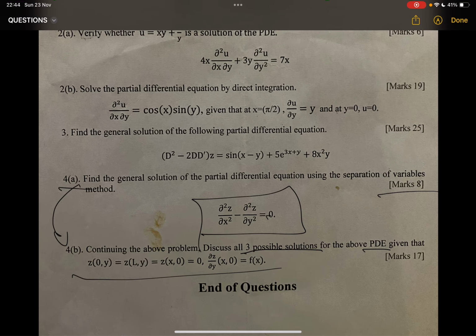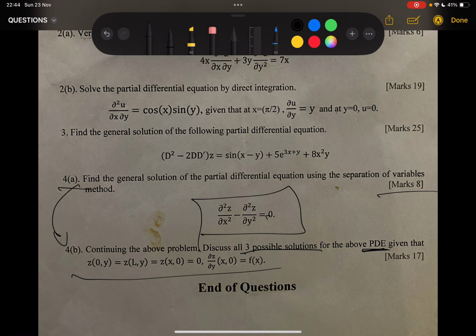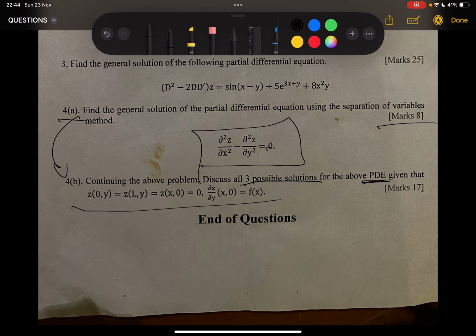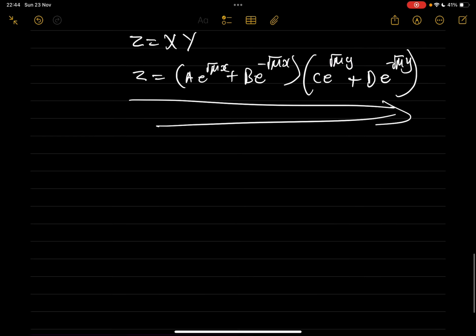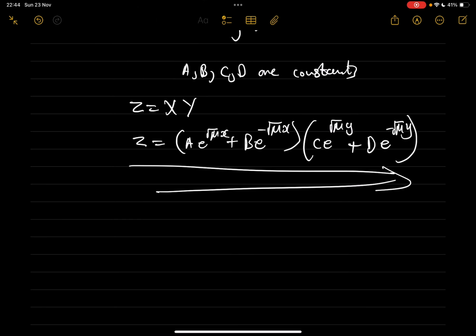We are using this general solution. We need to discuss three possible solutions for the PDE, because we are looking at the values of mu. Our possible solutions are based on the values of mu that we introduced while formulating the general solution. So we are going to have three cases.